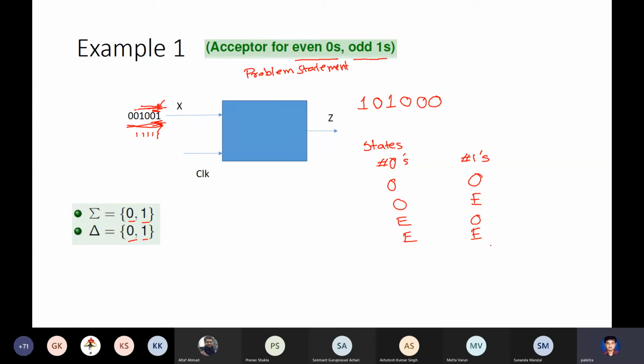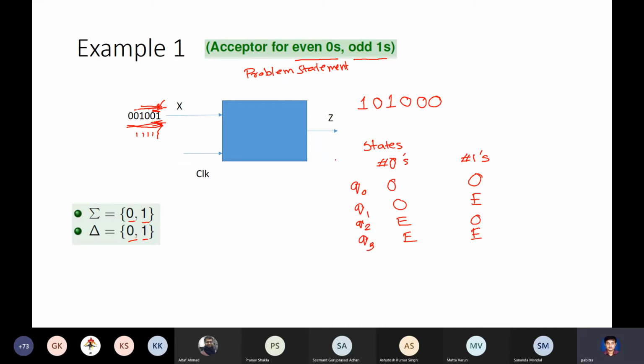So at any point where you are counting the number of zeros and the number of ones in the bit stream, any one of these 4 combinations can happen. So these are all that can happen. So these are the states. Let me denote them by Q0, Q1, Q2, Q3.